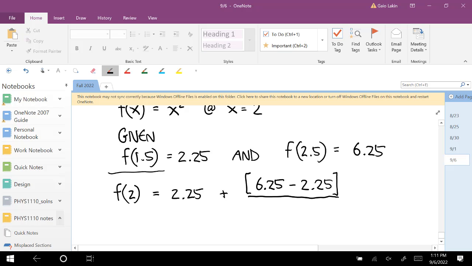And now divide by 2.5 minus 1.5. And now multiply by how far along that line we go from 1.5. So that's going to be 2 minus 1.5.